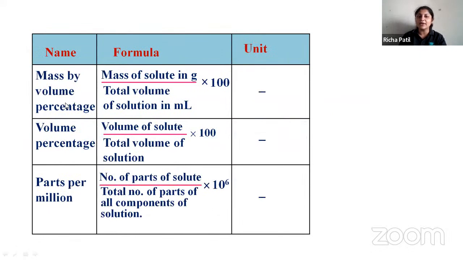Next is mass by volume percentage. How do you calculate it? It is the mass of the solute in grams divided by the total volume of solution in ml, into 100. Next is volume percentage.